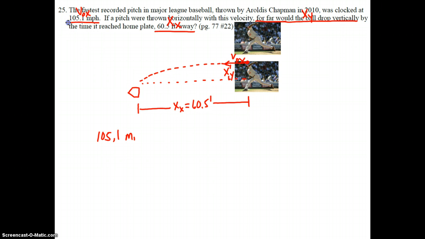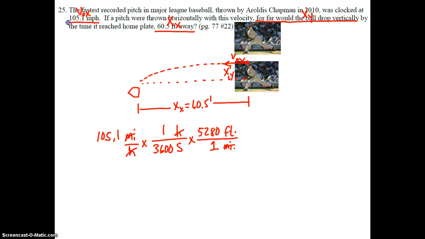First thing we have to do, though, is convert 105.1 miles per hour to feet per second. So we're going to do a quick little dimensional analysis here. Hours would have to go in the numerator, seconds in the denominator to cancel the hours: 1 hour, 3,600 seconds. And then we need to go from miles to feet. Miles goes in the denominator, feet in the numerator to cancel miles, and 1 mile is 5,280 feet.